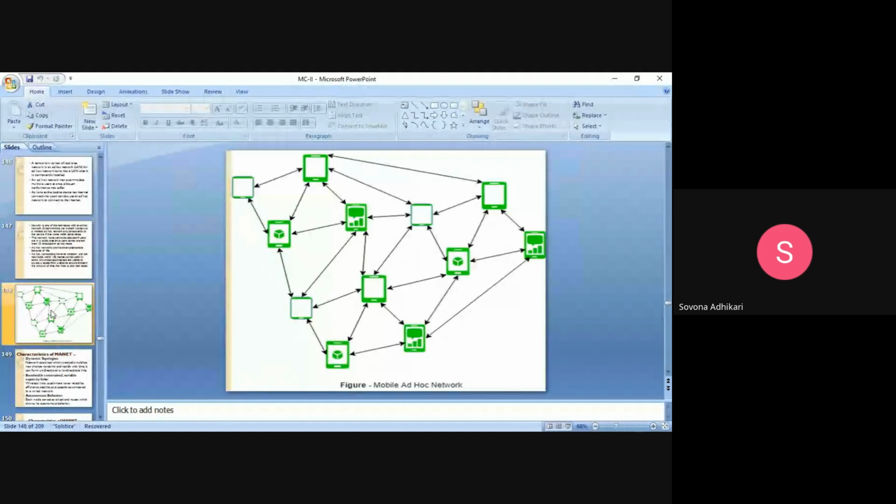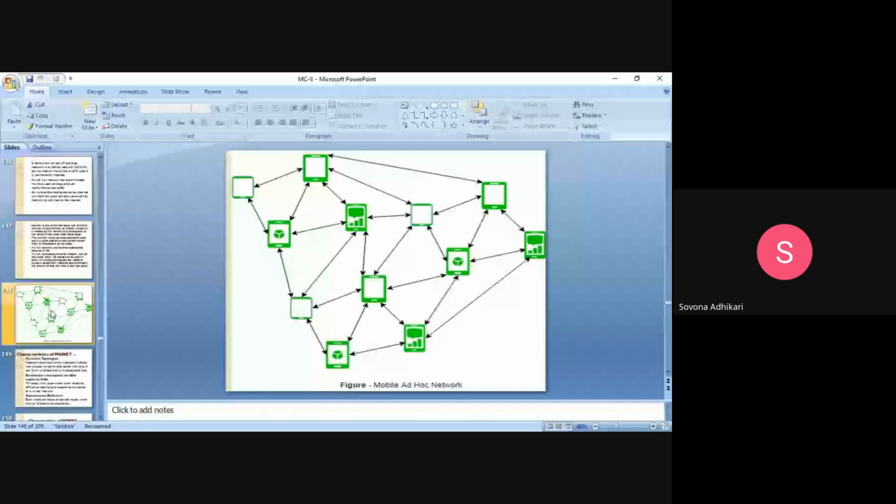When data is sent from one node to another node, it reaches its neighbor node.